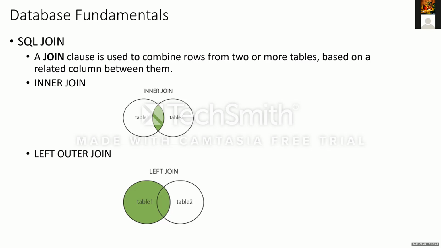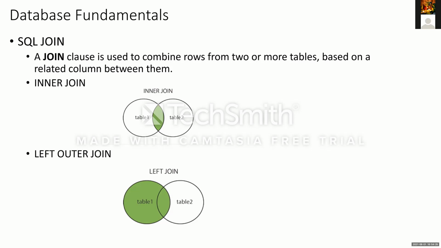I'm getting it. But with a left outer join, if you are putting select star from record 1 left outer join record 2, you are going to get 10 rows, because you have put record 1 on the left hand side.